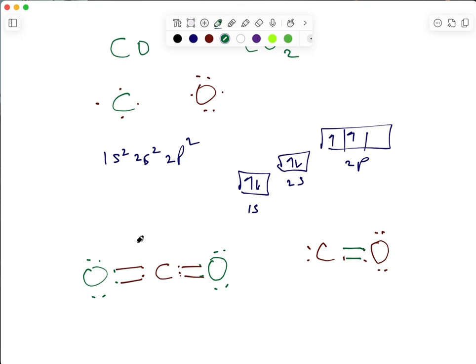Because this is not balanced as far as carbon is concerned, you notice that for this oxygen, there is 2 here and 2 here, that's 4. There is 2 here, that's 6, and 2 here makes 8. Oxygen has everything complete. But for carbon, we have 2 here and 4 here. 2 plus 4 is 6. The octet structure is not yet done.